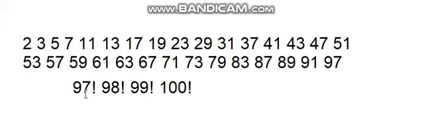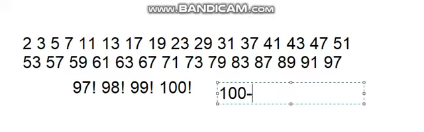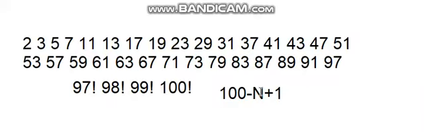Now an interesting thing. If you get an odd number here, it will be repeated an even number of times. Why? Because the count of numbers between 100 and 97 is 4. It is 100 minus 97 plus 1. Between n and 100 there are 100 minus n plus 1 numbers.